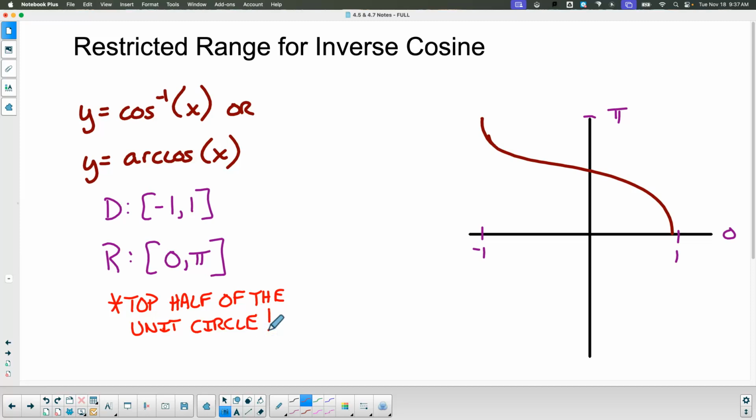And there's no negative angles, so it's just all straight up. Okay? What you see is what you get. You don't have to convert quadrant 4 angles into negative angles. Okay?